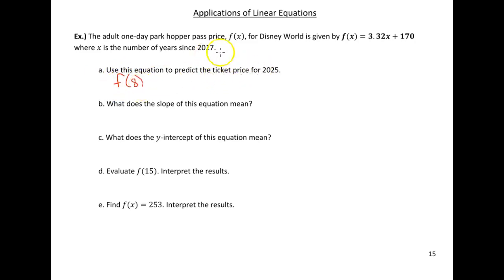If I plug in 8 for x, everywhere I see an x, it should give us the predicted price of tickets in 2025. So x is years, f of x was the price.